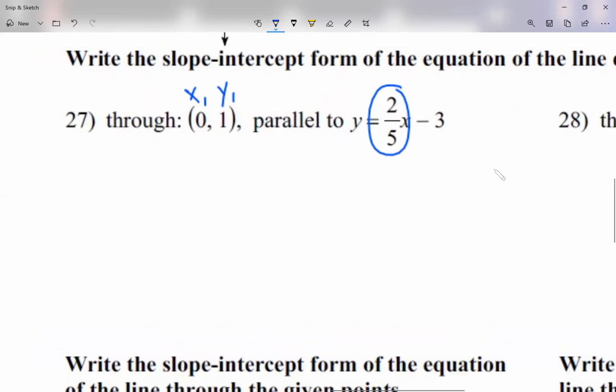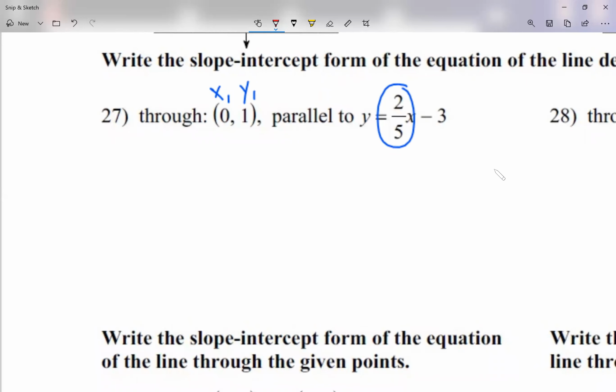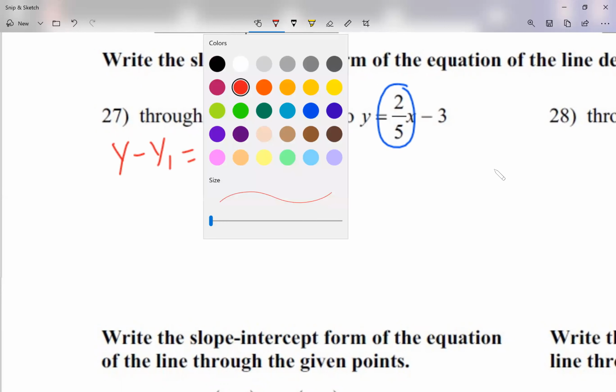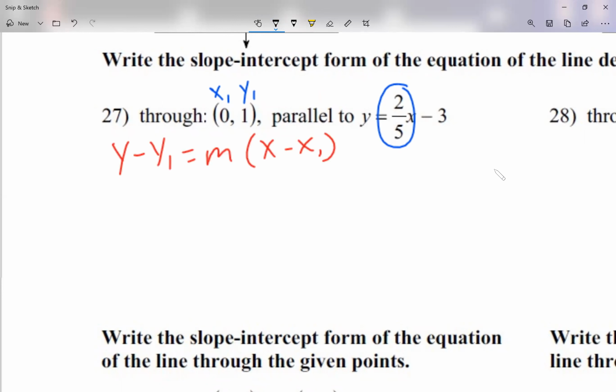And I'm going to use the formula y minus y1 is equal to m, m is the slope, x minus x1. So I'm just going to do this as y minus 1 is equal to 2 over 5, x minus 0.